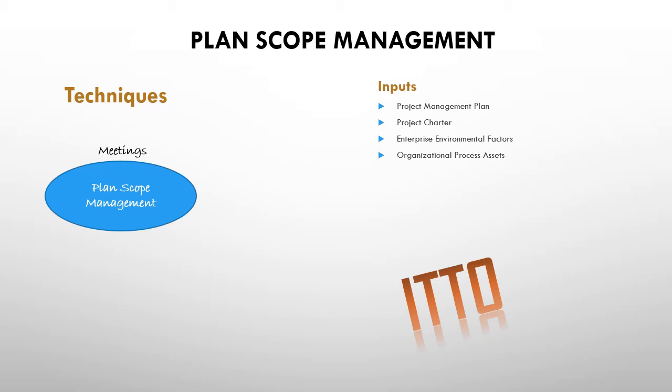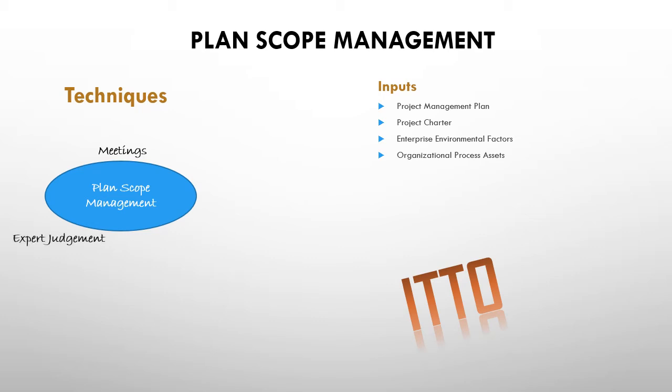Project team members attend the project meetings to develop the scope management plan, and the attendees include the project manager, the project sponsor, the selected and important stakeholders, the selected project team members, and anyone who has a responsibility of the scope management processes. So meetings are very important when you are going to decide on how you are going to manage and control your scope.